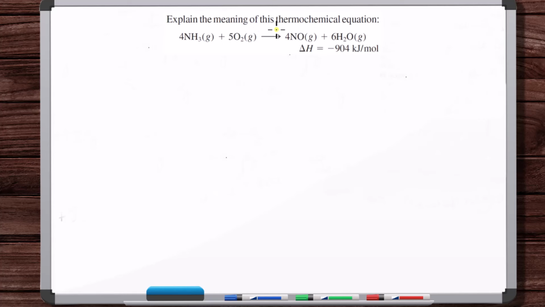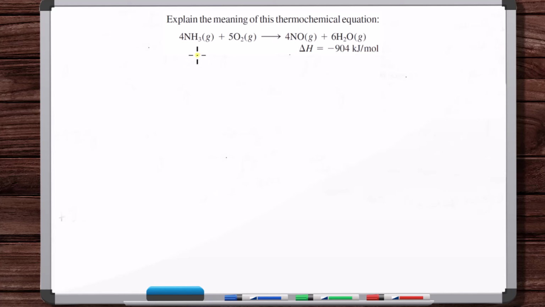Explain the meaning of this thermochemical equation. 4 moles of NH3 gas plus 5 moles of O2 gas produces 4 moles of NO gas plus 6 moles of H2O gas, and the change in enthalpy, the enthalpy of this reaction, is negative 904 kilojoules per mole.